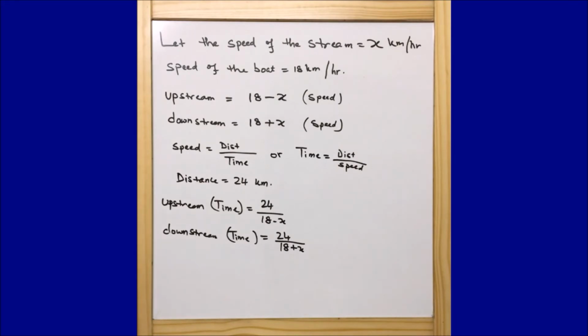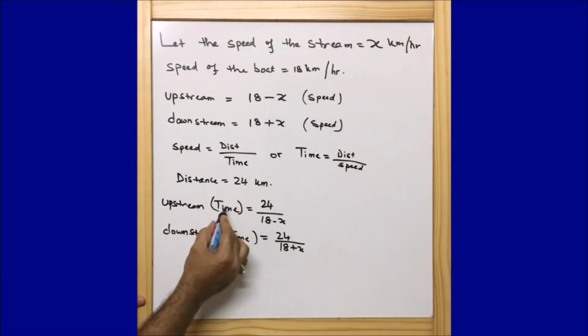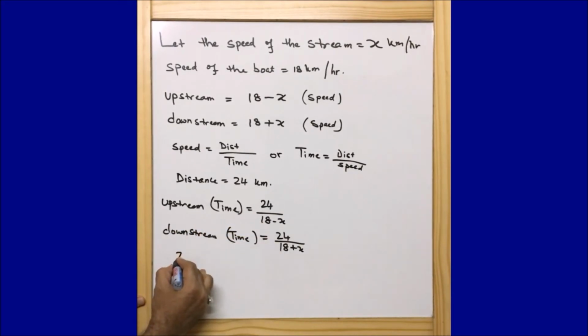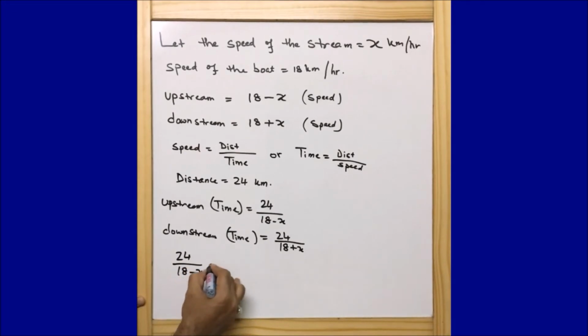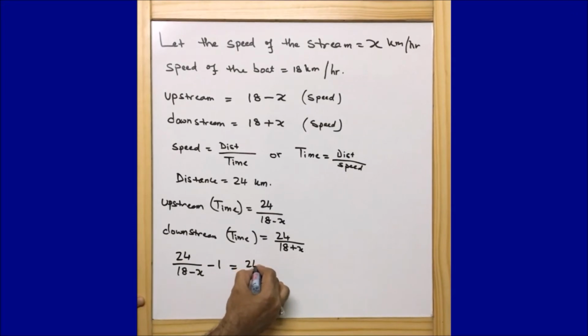Okay, so the time increases 1 hour while going upstream. So that means I can say here this time is equal to this time. I can say 24 by 18 minus x, and if I reduce this 1 hour from upstream, I will get the time for the downstream.